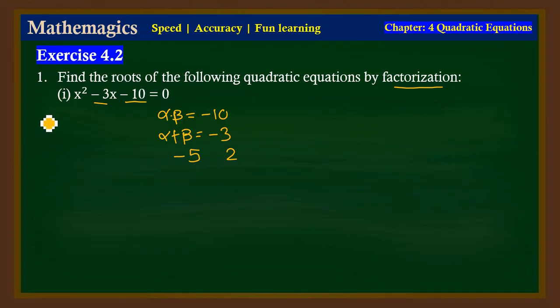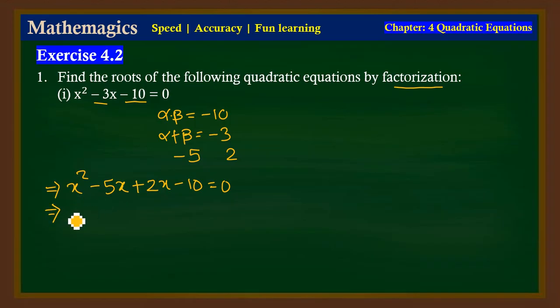So now I'm writing it, implies x square, the first one is minus 5, so minus 5x, the second one is plus 2, so plus 2x, minus 10 is equal to 0. Dear friends, 2 can be written first and minus 5 second; there will be no issue and the answer will be the same, so don't worry about that.